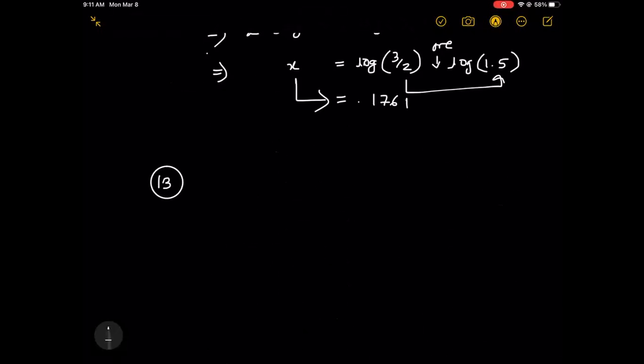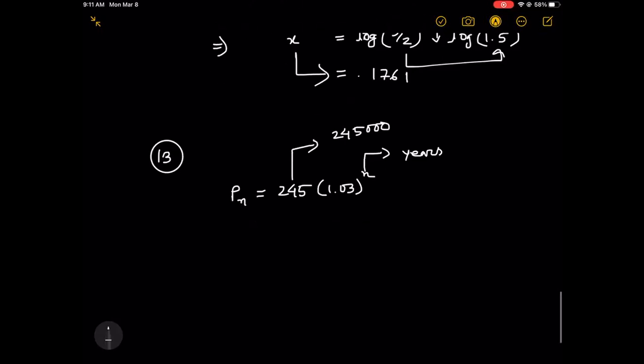Example 13 says: Olympia's population follows the equation Pn equals 245 times 1.03 to the n, where n is years after 2008, and the population is measured in thousands. Find when the population will be 400,000.